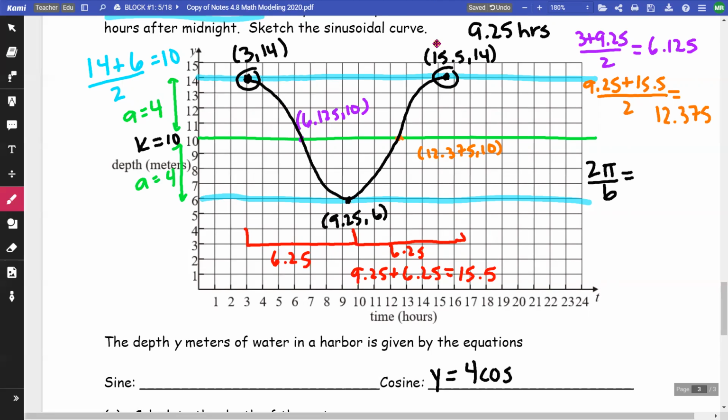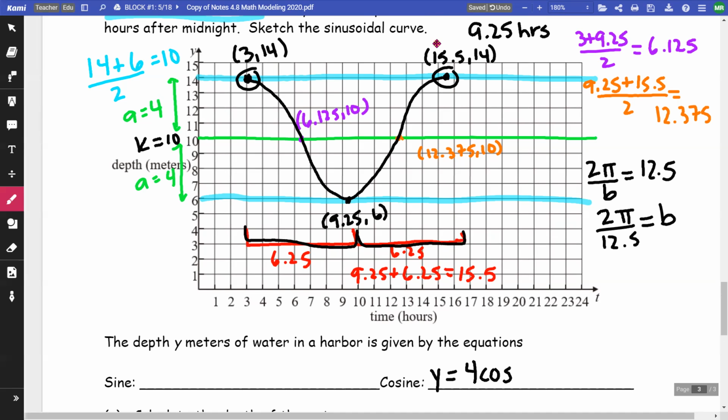My period is 6.25 plus 6.25, which is 12.5, or from 3 to 15.5, which is still 12.5. So this is going to be 2 pi over 12.5 equals b.